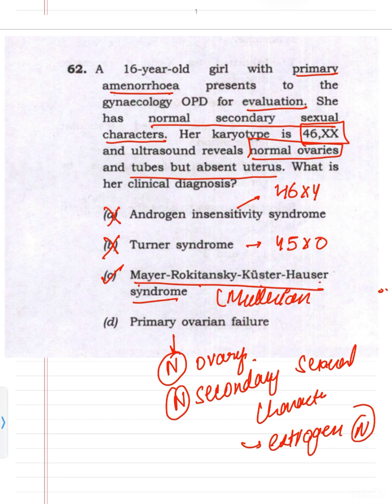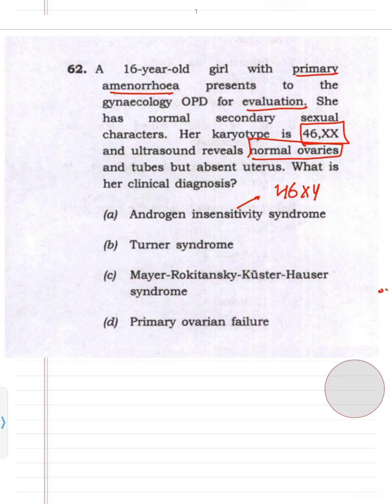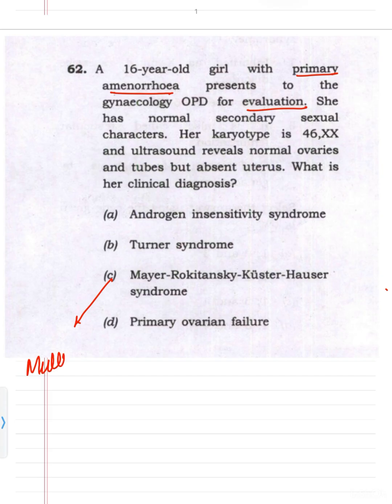So it cannot be primary ovarian failure. The correct answer will be Mayer-Rokitansky-Kuster-Hauser syndrome. So what is MRKH? Mayer-Rokitansky-Kuster-Hauser syndrome is a problem of Mullerian agenesis.